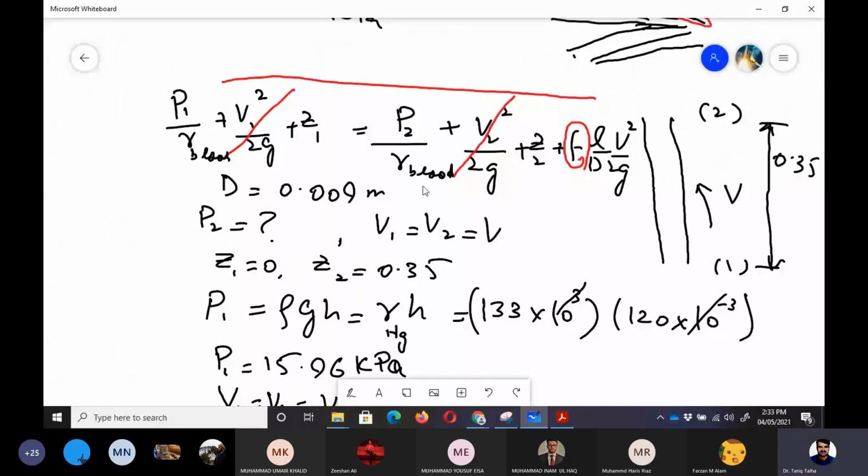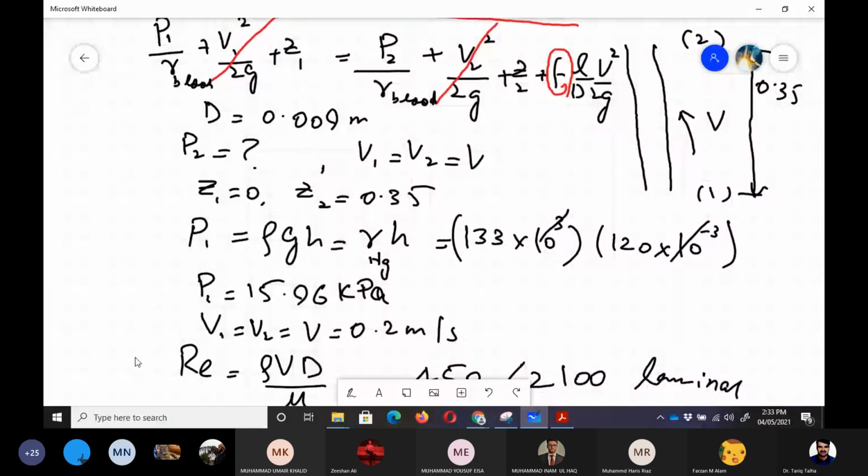From P1 we know gamma of blood, which is rho into g, 999 into 9.81. Then here as well 999 into 9.81. What is the Z2 value? 0.35. Friction factor 0.142, this length is 0.35, diameter is 0.009, and then we can just put in the values.